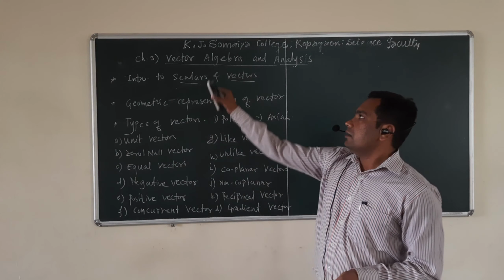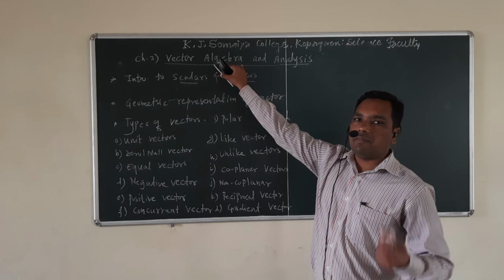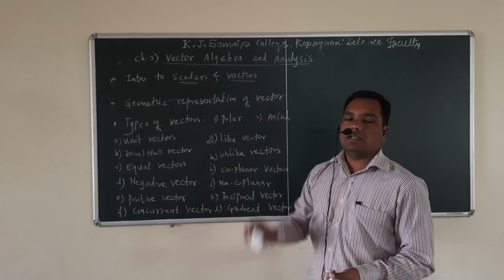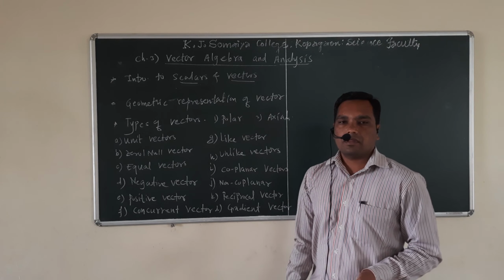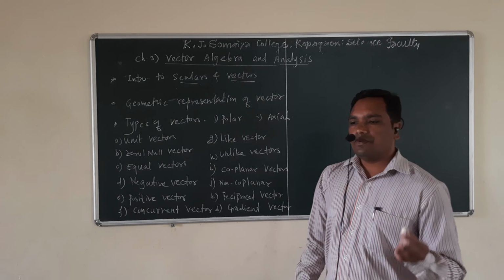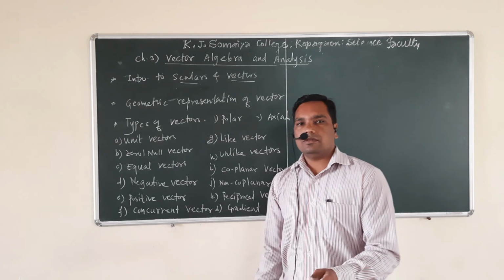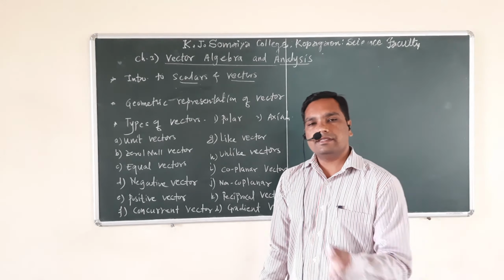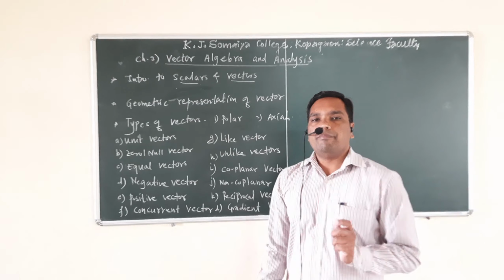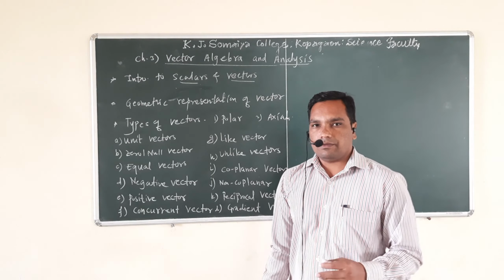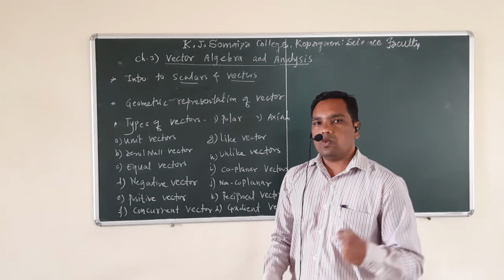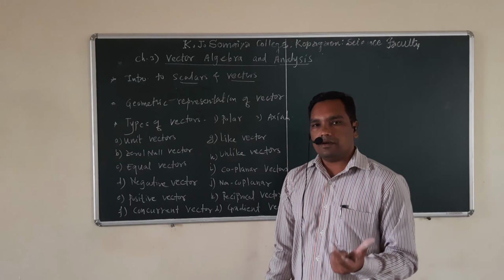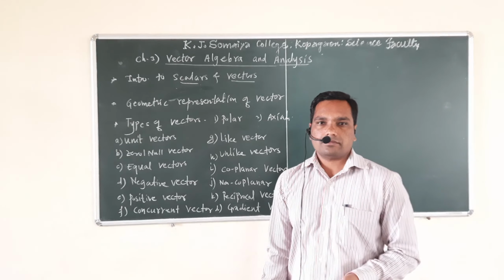Okay, you must be familiar with the rules of algebra of addition of scalars. Like if you add 2 plus 3, you know 2 plus 3 is 5. But in physics, when we say 2 plus 3 is equal to 5, we have to specify the unit for those scalars.